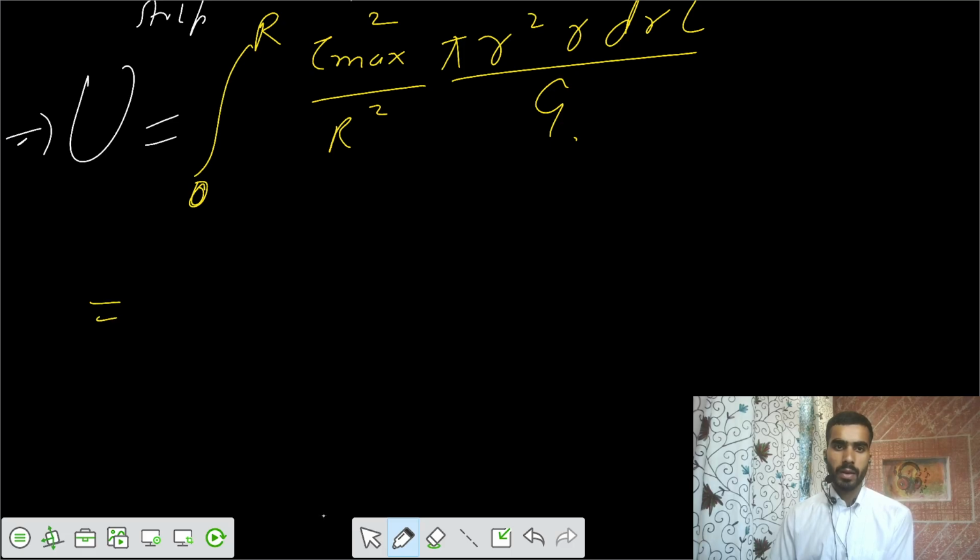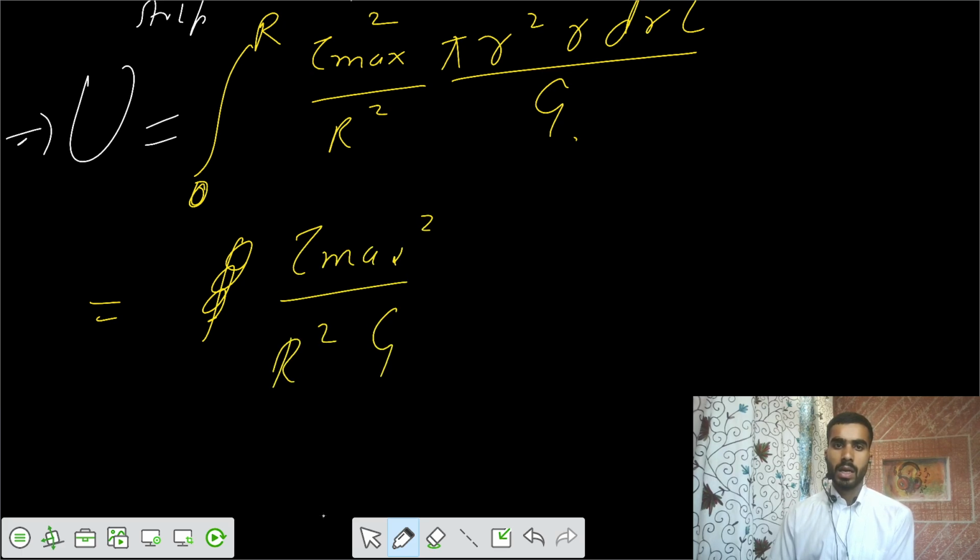Now if you integrate it from 0 to R, finally you get tau max square by R square G, and you have pi also, R power 4 by 4, and L also here.